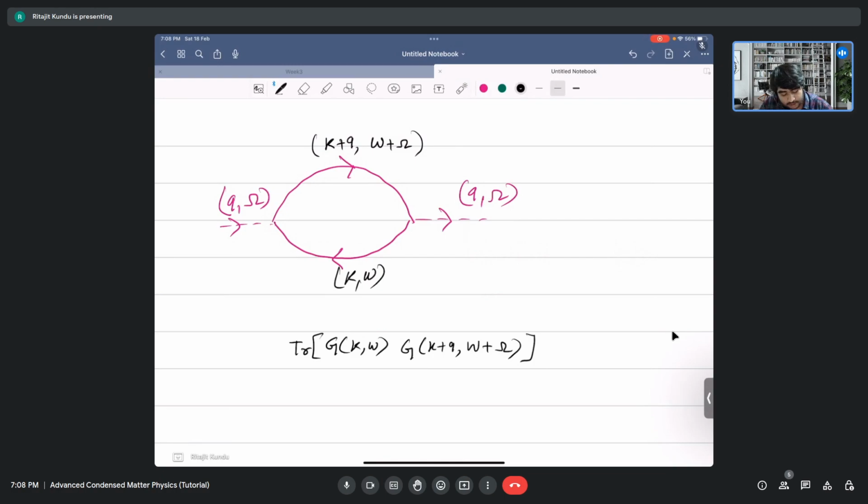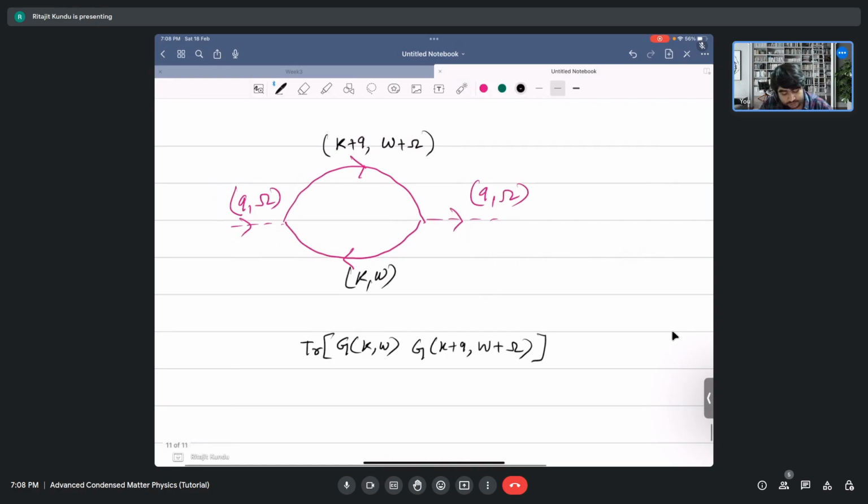And now let's also integrate out these internal variables which are undetermined. So I will have dk d omega, over 2 pi to the power d plus 1 if we are talking about dimension d, and the plus 1 is for the time dimension.